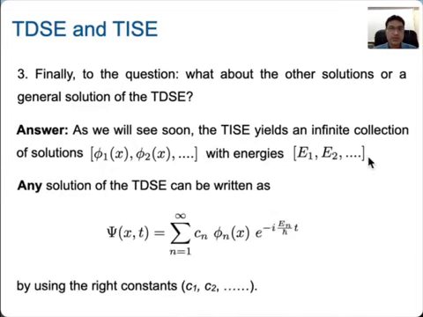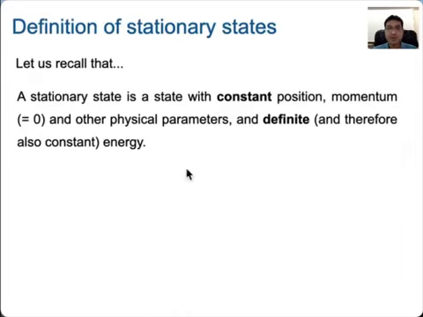Any linear superposition of these phis, with their corresponding time dependent factors and weighting coefficients, can also be called a solution of the time dependent Schrodinger equation. These coefficients tell us the weightage of particular states or wave functions in this combination.